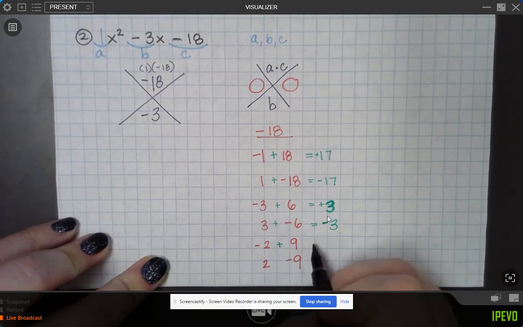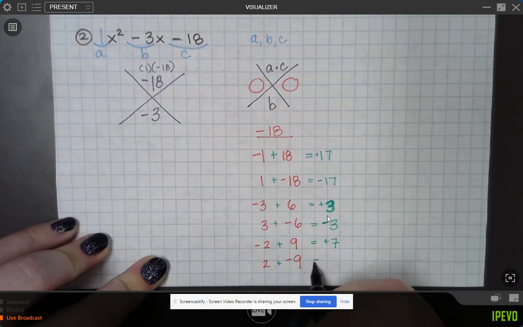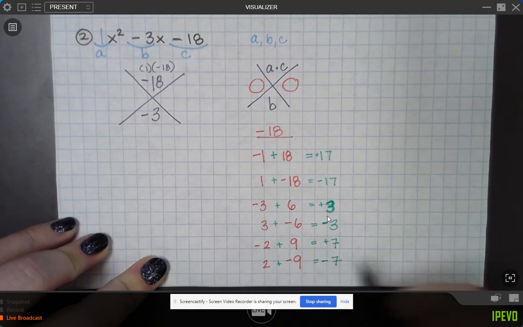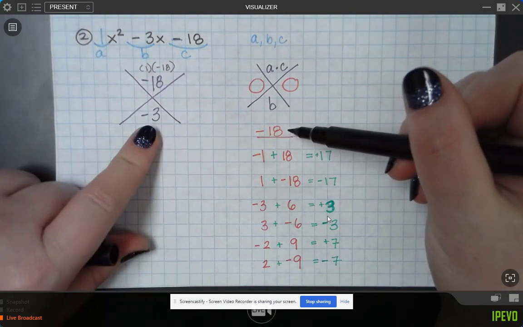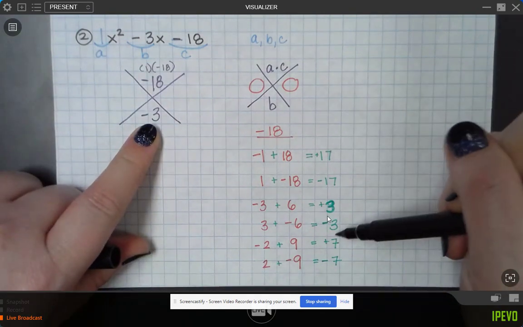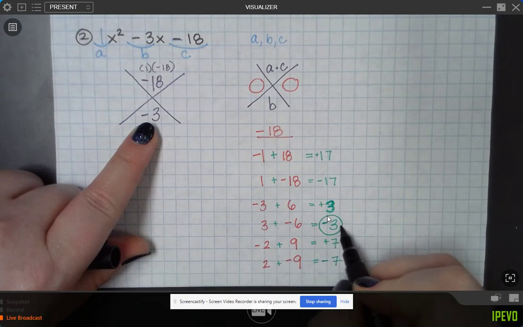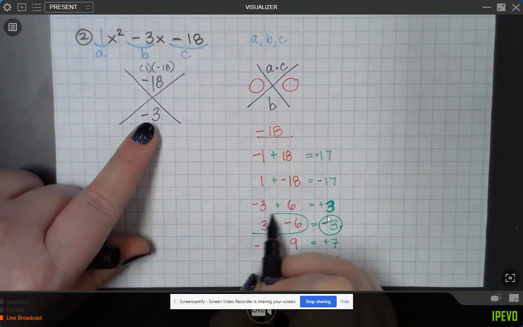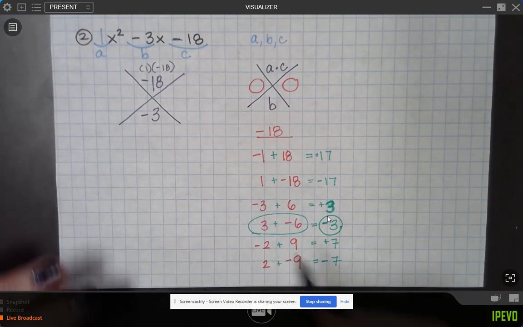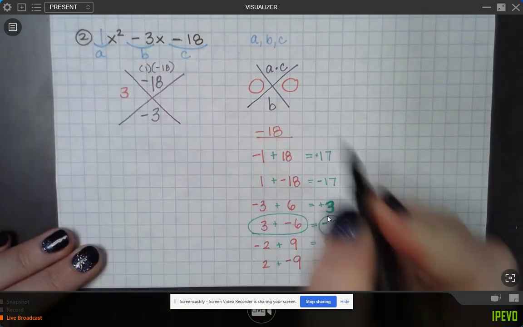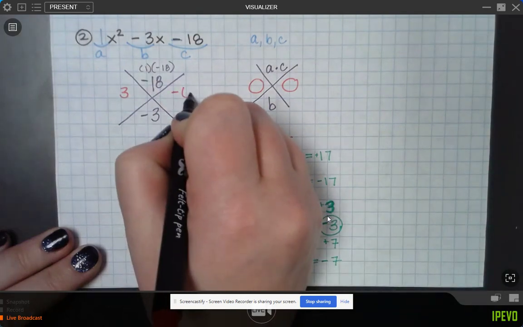Negative 2 plus 9 gives me a positive 7. And 2 plus negative 9 gives me a negative 7. Again, I'm hoping to multiply to negative 18, but then add up to a negative 3. And right here is that negative 3 I'm looking for, which means I need to use the numbers 3 and negative 6. So I'm going to be putting my 3 here and my negative 6 on the side.